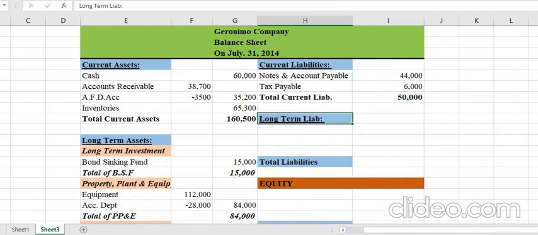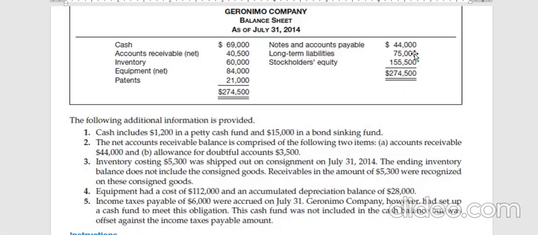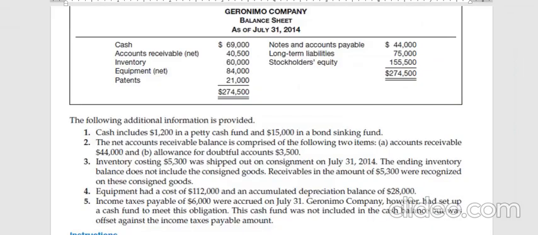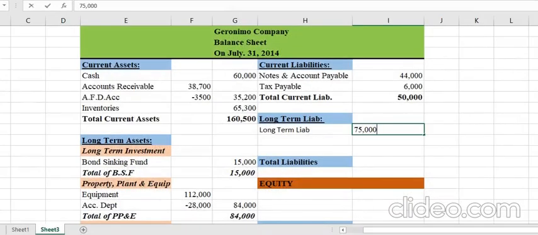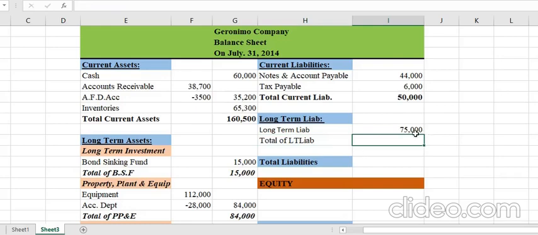Then long-term liabilities, let's see if we have any. In the long-term liabilities, we had $75,000. So I will directly write here long-term liabilities, $75,000. Then I will calculate the total of long-term liability, which will be 75,000 in total.